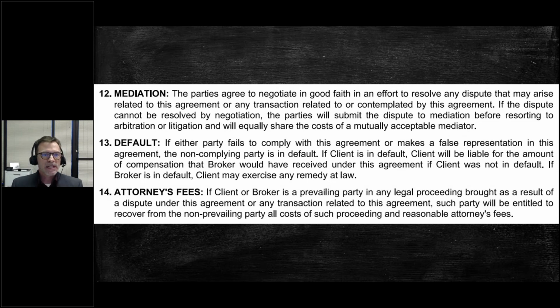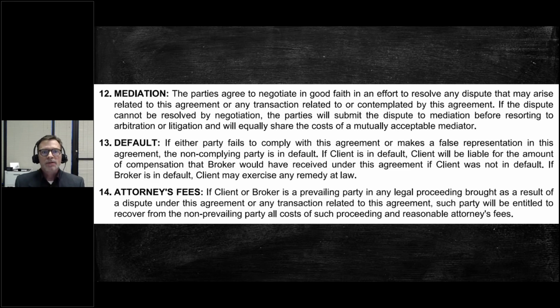Paragraphs 12, 13, 14. Here we're getting into some legal type provisions that as an agent you're really not going to be very interested in, but you do need to, again, understand how the document works, because you will get a buyer or a tenant who reads through this and has questions, and you want to be able to answer those questions.